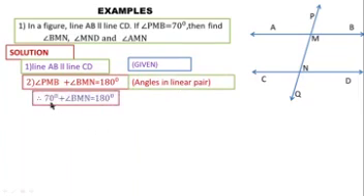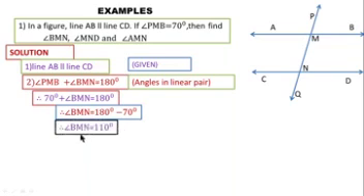Therefore 70 degrees, we know the measure of this angle PMB, that is given, plus angle BMN is equal to 180 degrees. Therefore angle BMN is equal to 180 degrees minus 70 degrees. Therefore angle BMN is equal to 110 degrees.